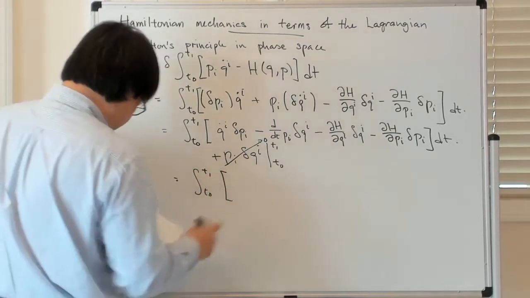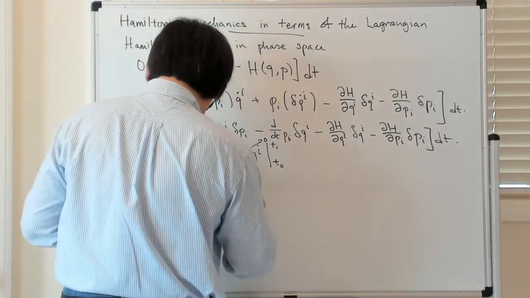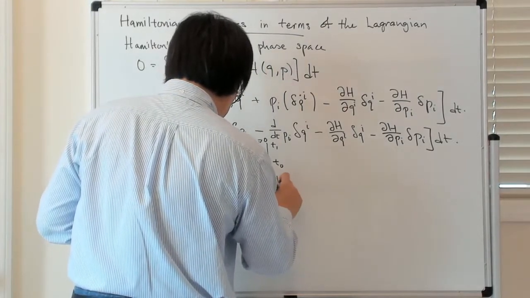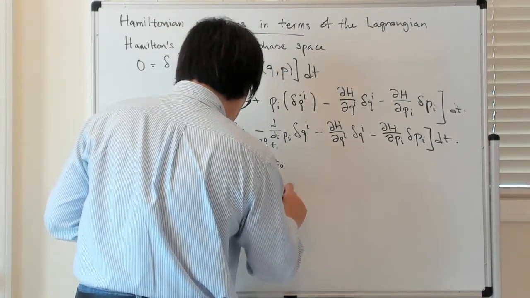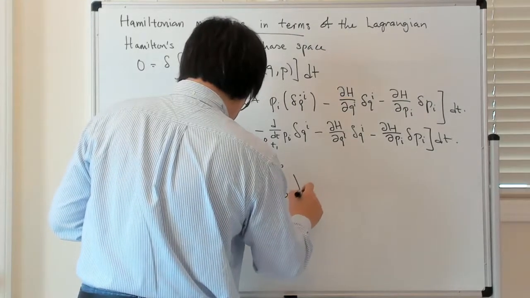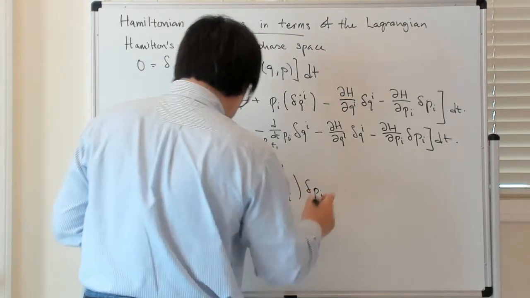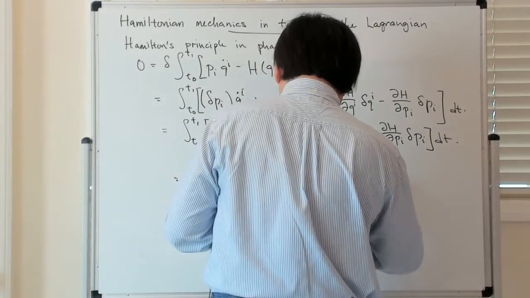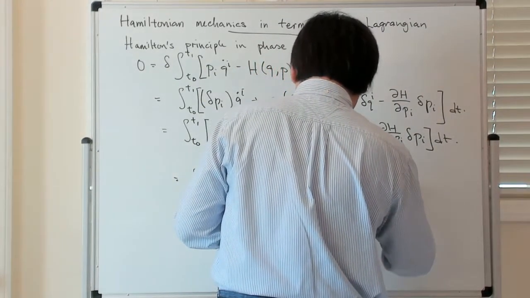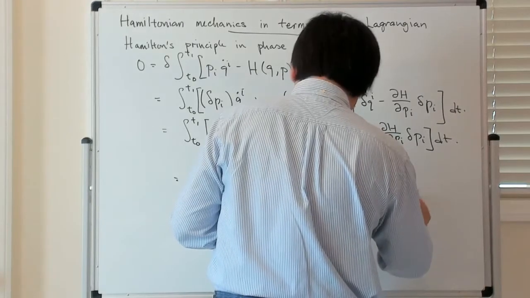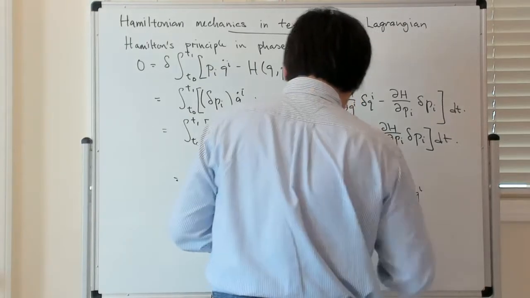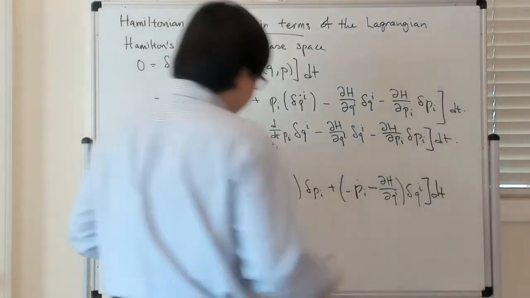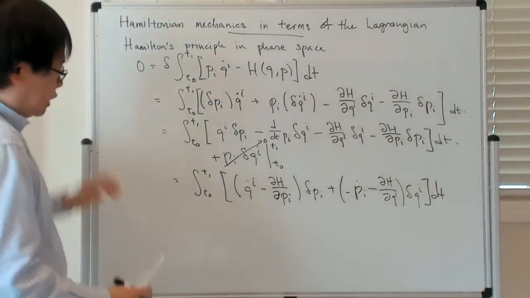Okay, so you get something which says qi dot minus dH/dpi paired with the variation in pi, plus minus pi dot minus dH/dqi paired with the variations in qi. And then when you integrate this over t, these things are 0.